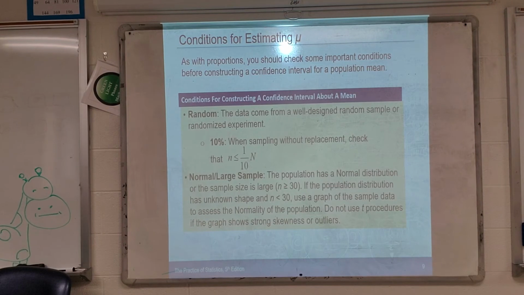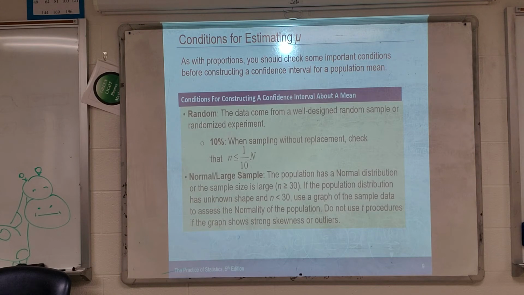So you have to check for normal or large sample: either the population has to be a normal distribution, it has to tell you that in the problem, or your sample size needs to be bigger than 30. If the population distribution has an unknown shape and n is less than 30, we can use a graph of sample data to assess normality of the population.